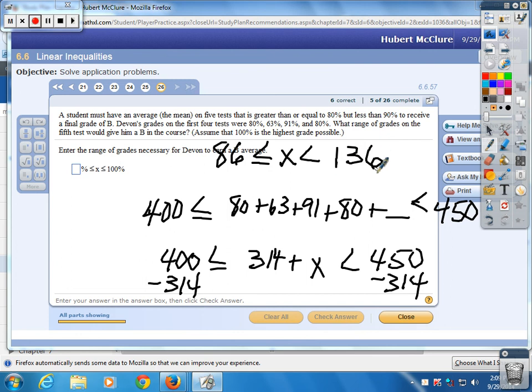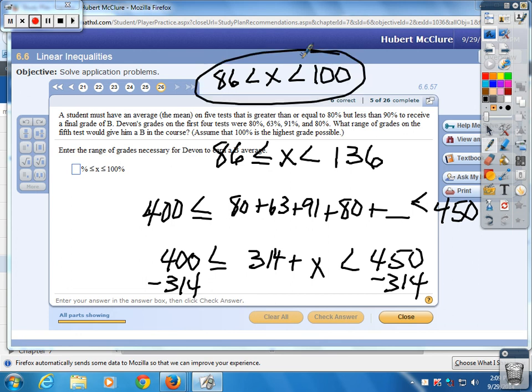All right, my answer is 86 less than x less than 100. Why do I say less than 100? Because you don't make 136 on the test. So he needs to make between 86 and a what? 100. The 91 goes in the middle.